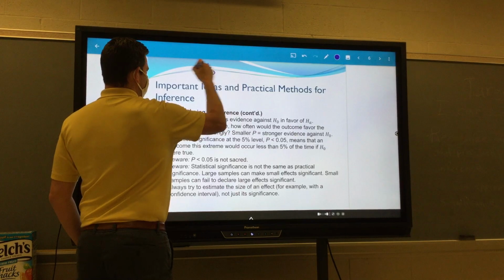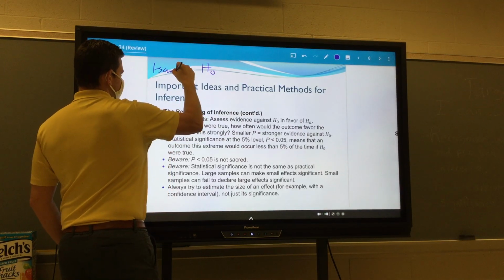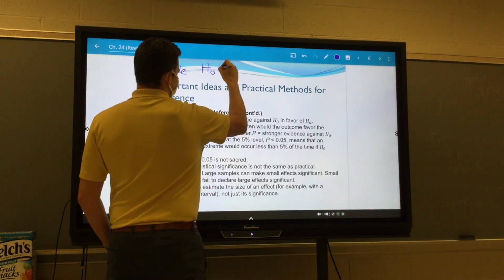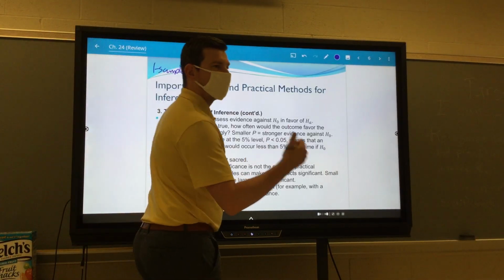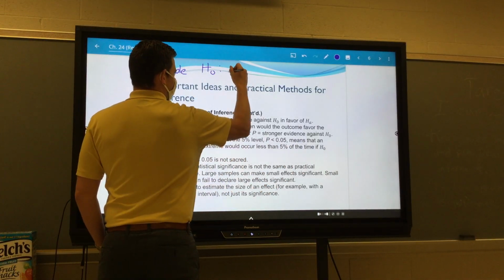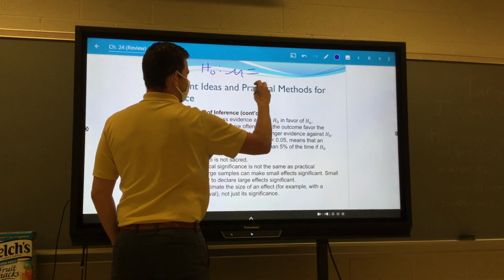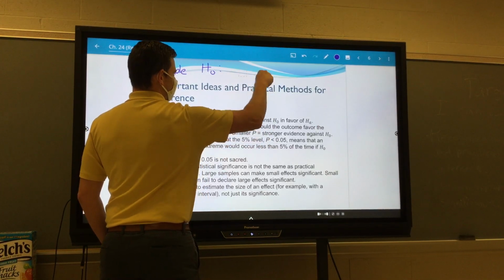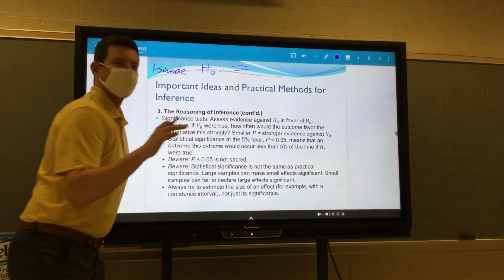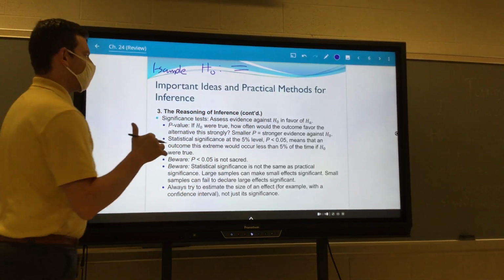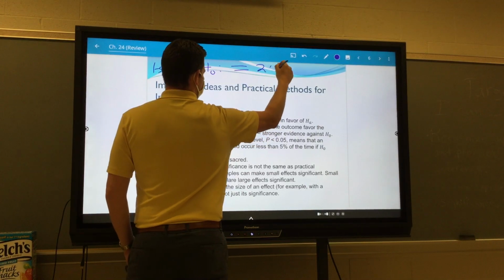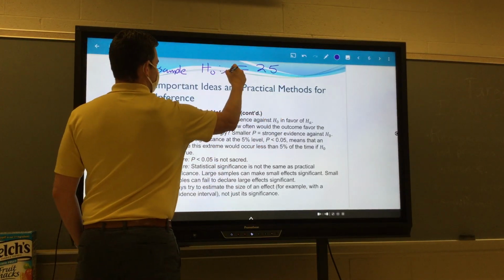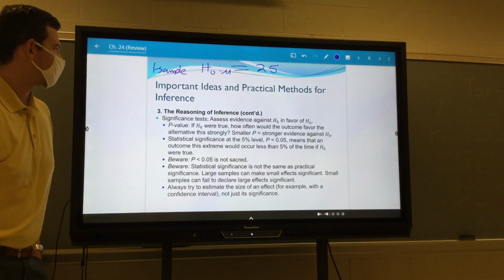With the 1 sample, whether it's a mean or a proportion, we have some value. We're saying that it's equal. It's some form of equality with the null hypothesis, saying it's equal to some number. Let's just say mu is equal to 25.